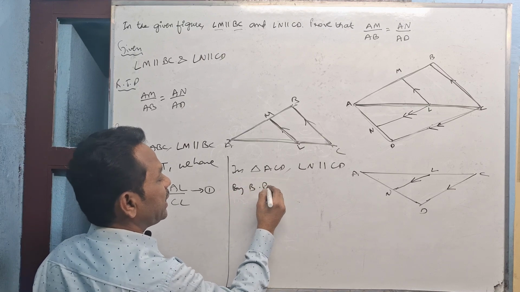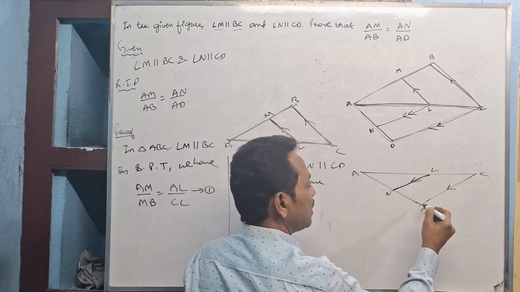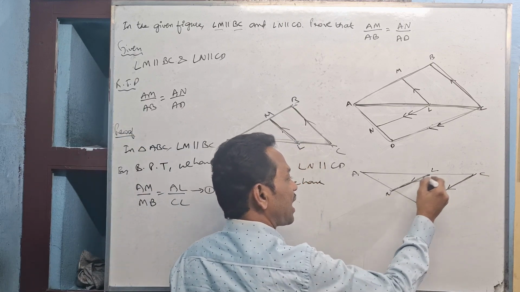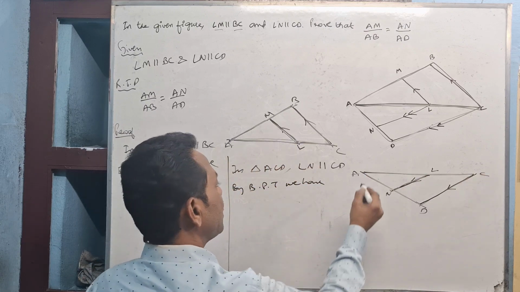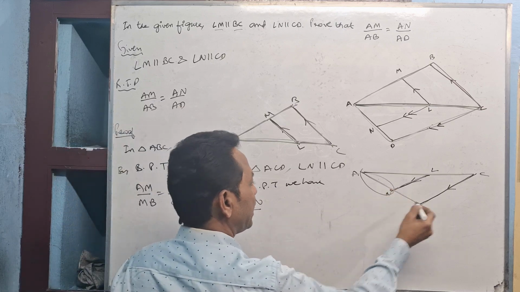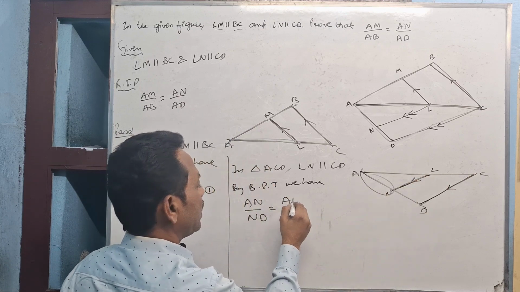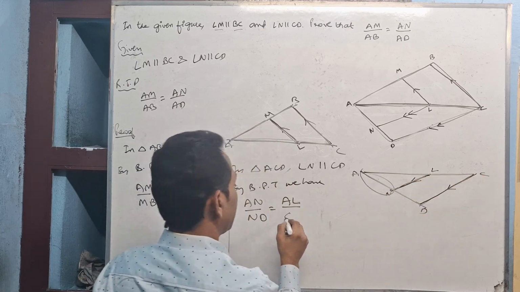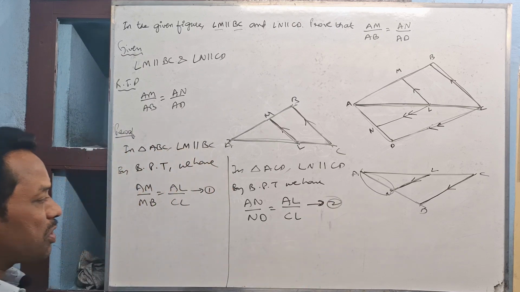By BPT, as this line is parallel to this thing, this line divides these two sides in the same ratio. In a sense, I can say AN by ND equal to AL by CL. Let me take this as equation 2. Now observe these two equations.